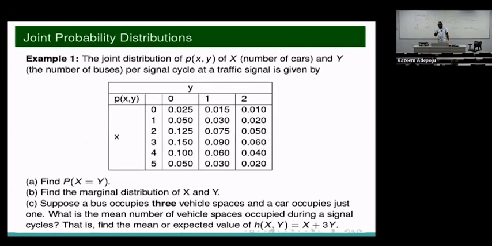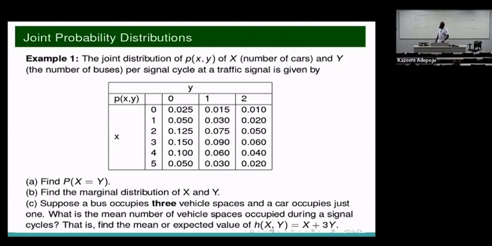I showed you some examples yesterday, about the discrete and about the continuous. This is another example. Anytime you see a contingency table like this, what should come to your mind is that you are working with a joint PMF. That's for discrete. For discrete, we normally have variables with levels.